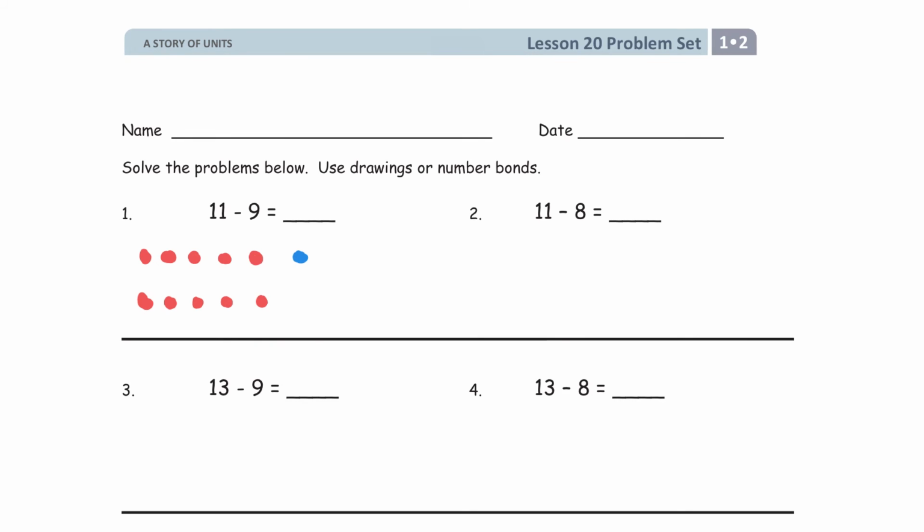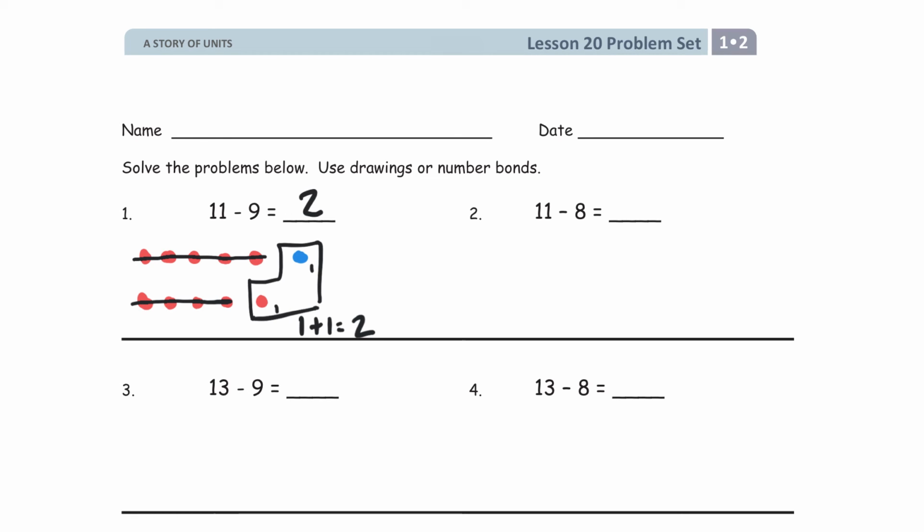I'm going to cross out 9 now because that's what we're subtracting. 1, 2, 3, 4, 5, 6, 7, 8, 9. And then I'm going to box up and add up what I have left. So I've got 1 right here and 1 right here. So 1 plus 1 is 2. So 11 minus 9 equals 2.